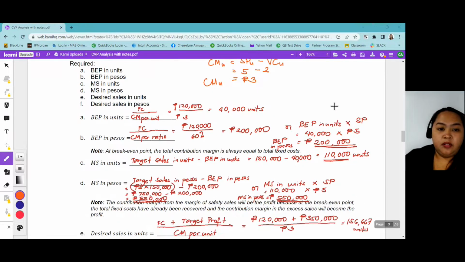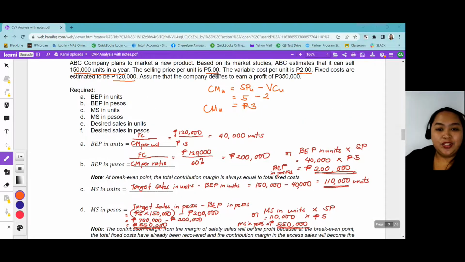Next, break-even point in pesos. So, alternatively, ang pwede ninyong gawin kung medyo nagmamadali na kayo and you have computed yung BEP in units, you just multiply 40,000 to the selling price per unit, which is 5 pesos. So, kung titignan ninyo, 40,000 times 5 pesos is equivalent to 200,000. Pero, another formula would be your fixed cost divided by your CM ratio.